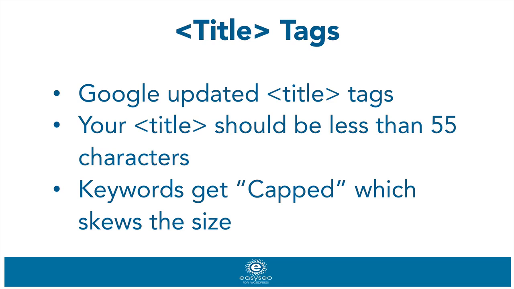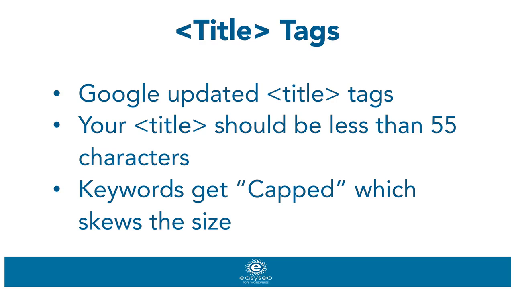Google's recently updated the title tags. So the title now needs to be no more than about 55 characters. As you saw in the example, there's only so much length, and it used to be a fixed number of characters. Now it's actually pixel length, and it depends on the screen and those kinds of device-specific issues. But if you keep it to less than 55 characters, you should be safe.